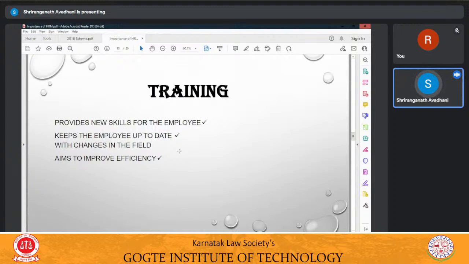They will provide new skills to the employees and keep them up to date. After joining also, you'll have to undergo training as and when required. If the technology changes, they'll have to provide you the training, so that you can update your knowledge and make yourself comfortable with the improved or changing technology.